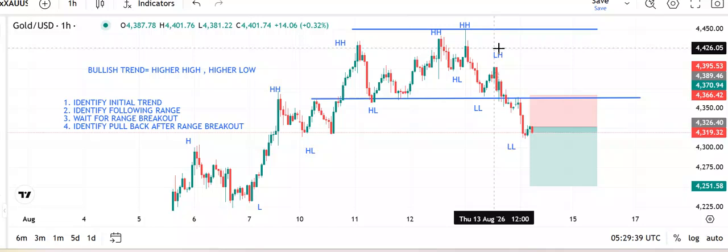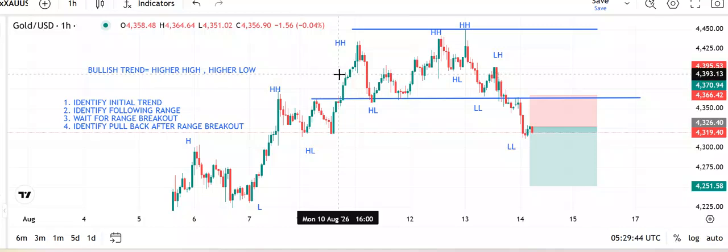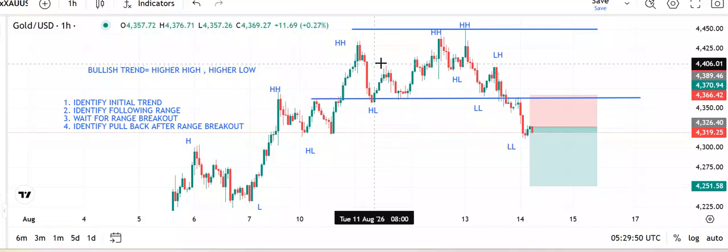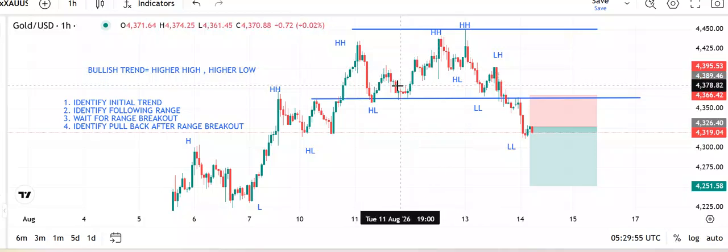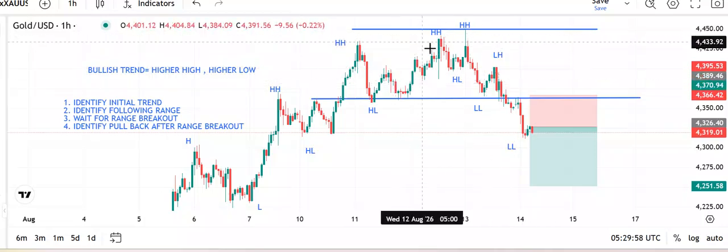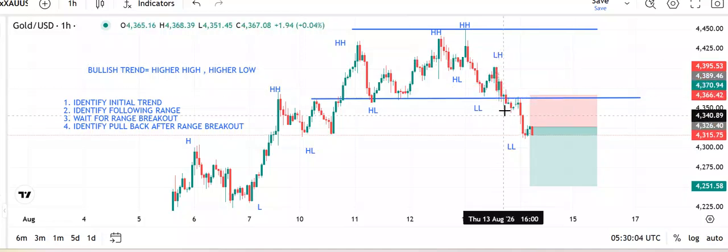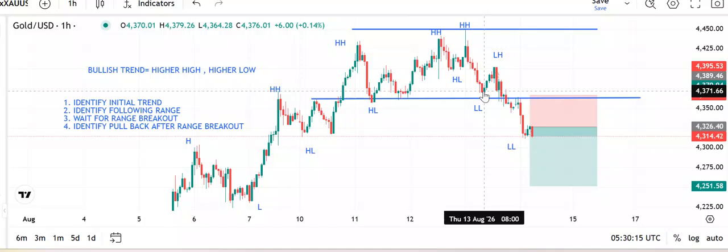So in this particular phase, you only have higher high, higher low. And in this particular phase, you can see a mixture of higher highs and lower low. So this is a range phase, consolidation phase. In that phase, the moment you see price break out of the lower low, then that's your range breakout. So you need to identify the range breakout. That is key.